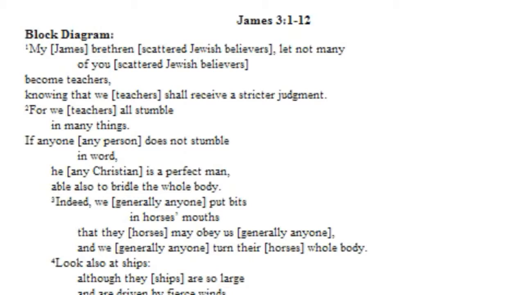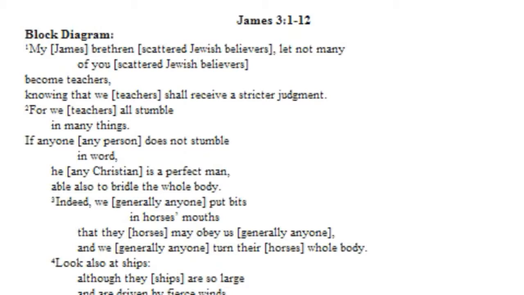So the idea of the stumbling has to go back to becoming a teacher and having the stricter judgment. That was probably a mistake on my part, that should have been indented. What this helps us do is see the main point James is saying here, which is to not let many become teachers.